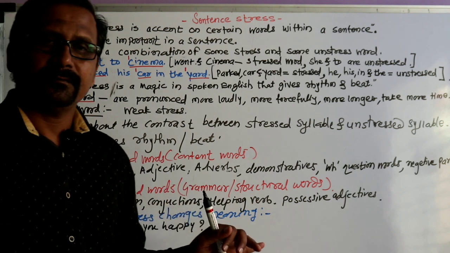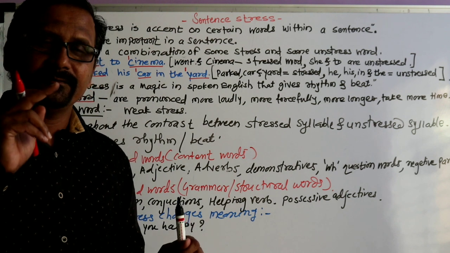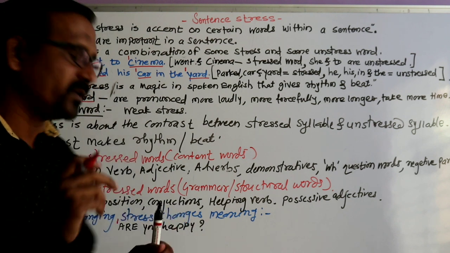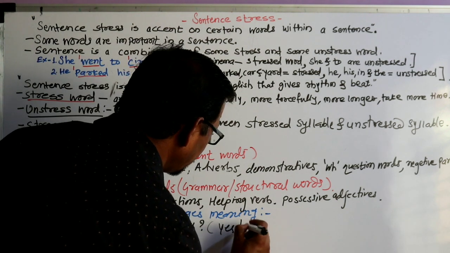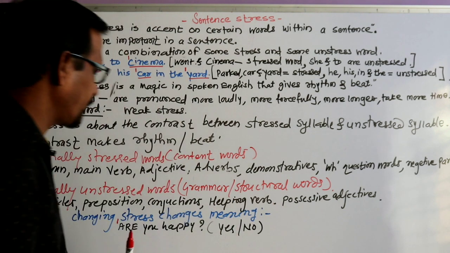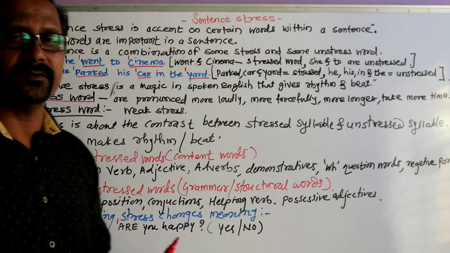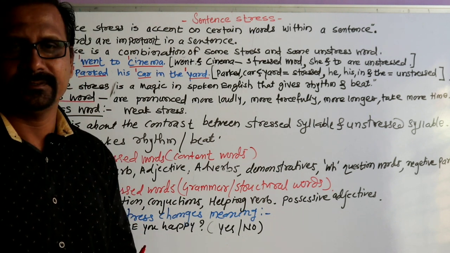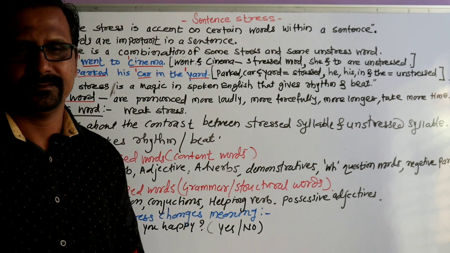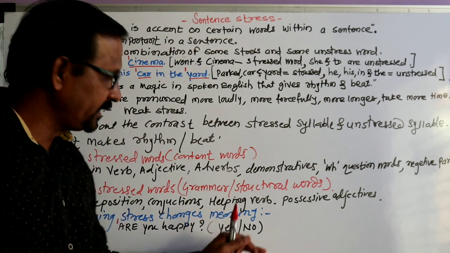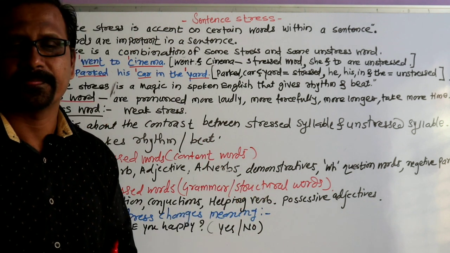My emphasis is on whether your answer is yes or no. I want the answer yes or no. When the trace is given on "Are you happy?", "are" is traced, and I require only the answer yes or no.